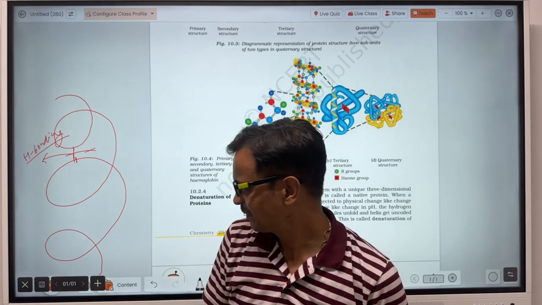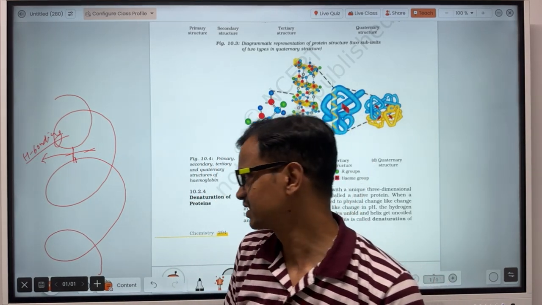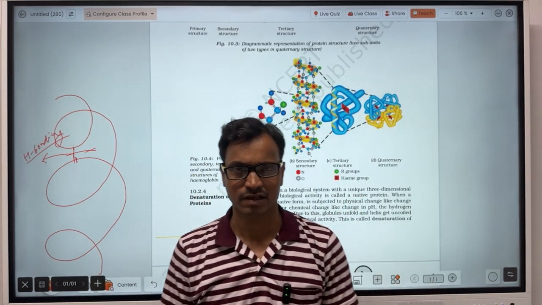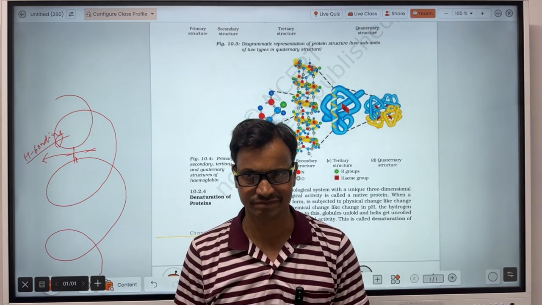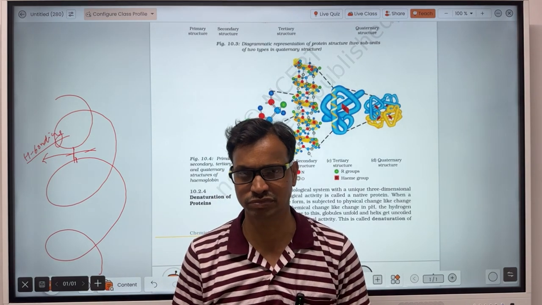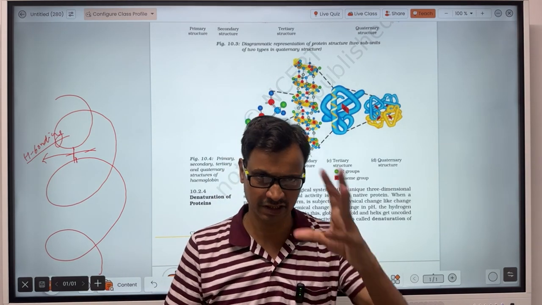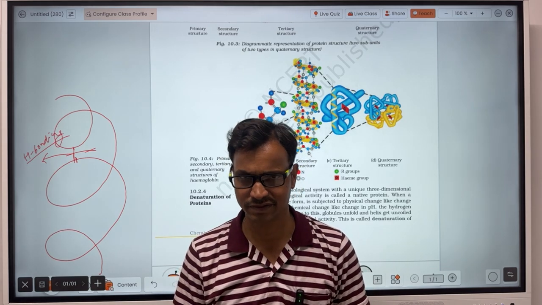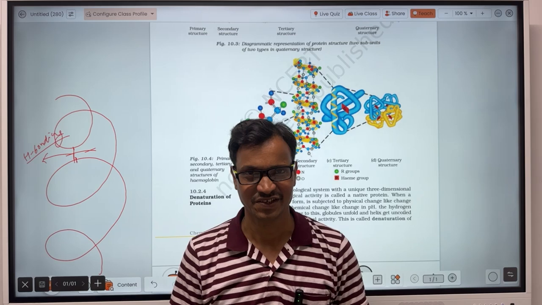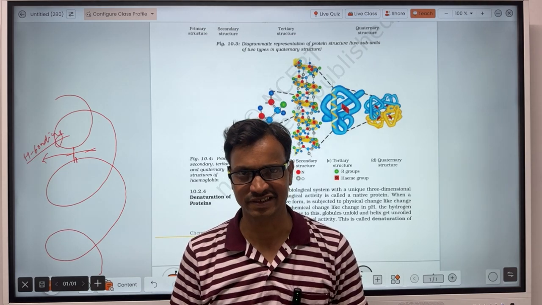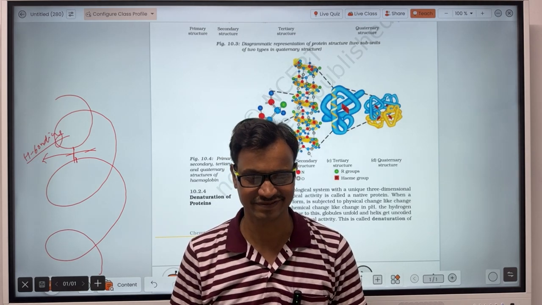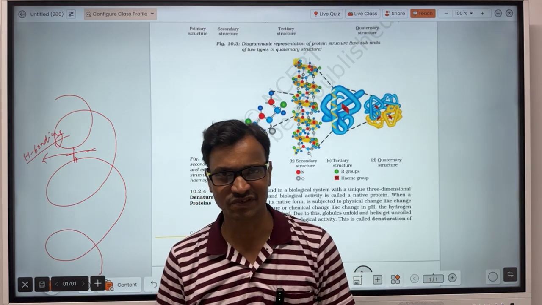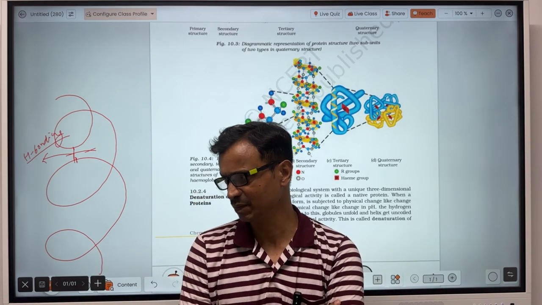An example of this is the solidification of eggs. The inner portion of the egg, the yolk and so on, exists in jelly form. When you apply heat energy, it gets solidified. That is due to the denaturation of protein.